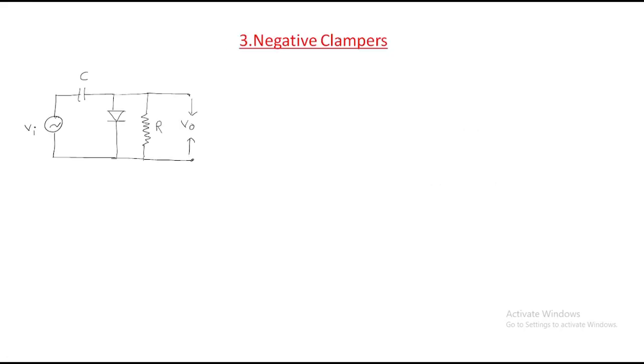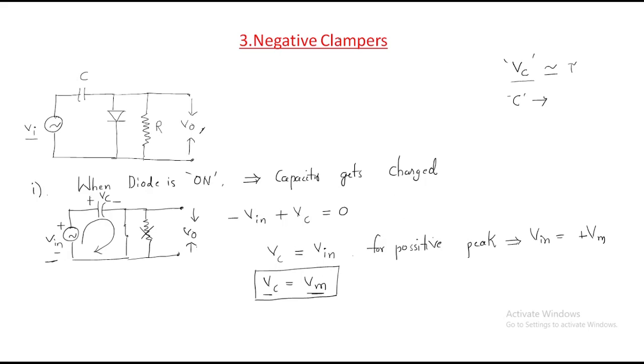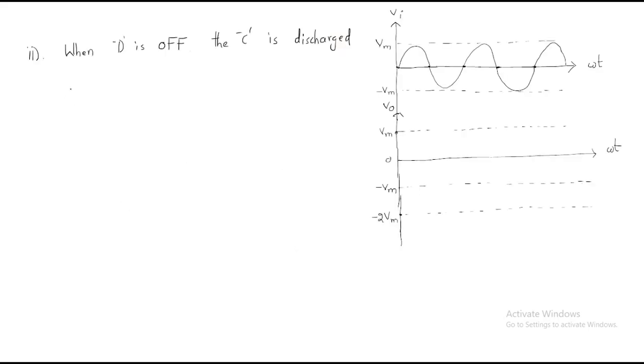For what case is it possible? This is the input voltage, and the capacitor is already charged here, this is plus Vm. This is open, and this is the load resistor, and the output voltage.